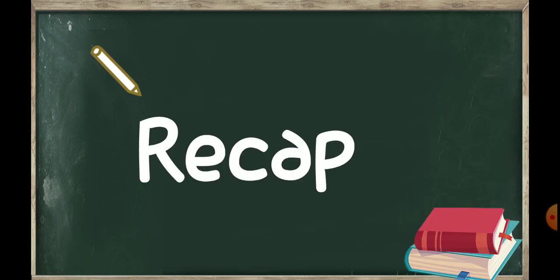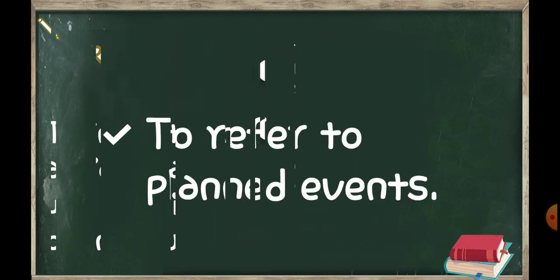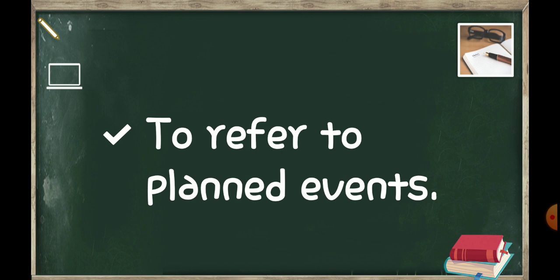Now, let's have a small recap about what we have learned today. We learned that we use future continuous tense to indicate an action that will be going on in future, to refer to an action which will be in process in future, and then to refer to planned events, pre-scheduled future plans.